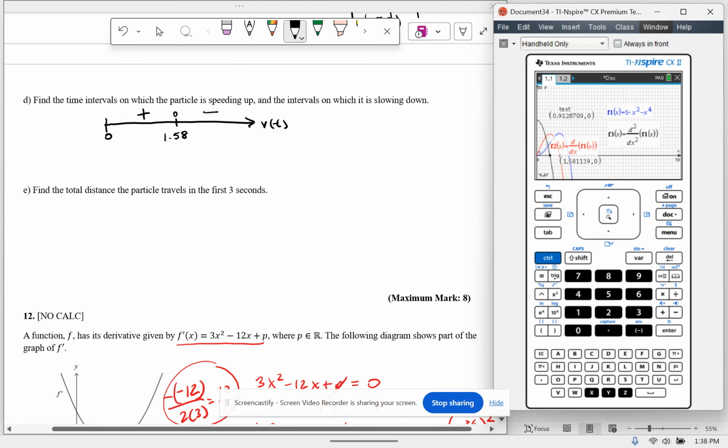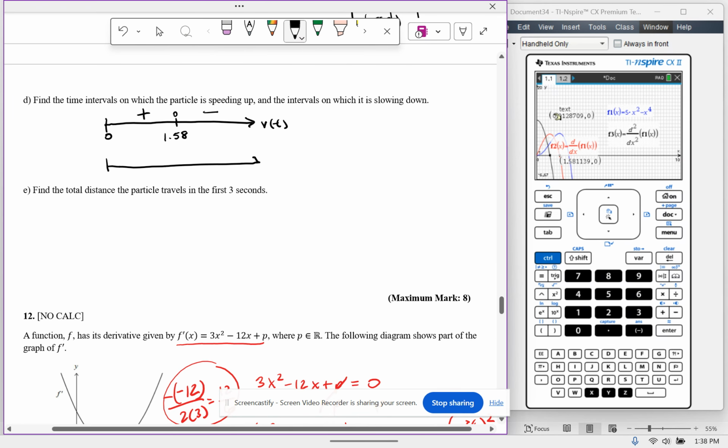So the 0 of the second derivative number line is going to be 0.913. Okay, so to the left of 0.913, we have positive outputs on our second derivative graph. To the right of 0.913, we have negative outputs.